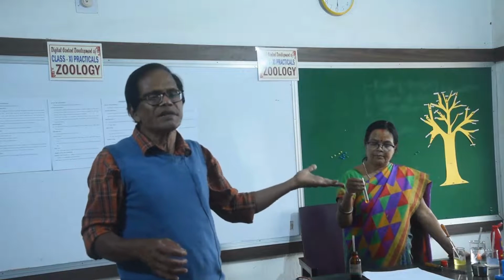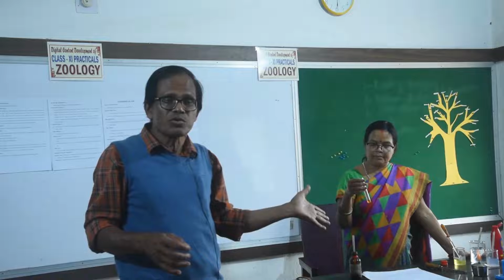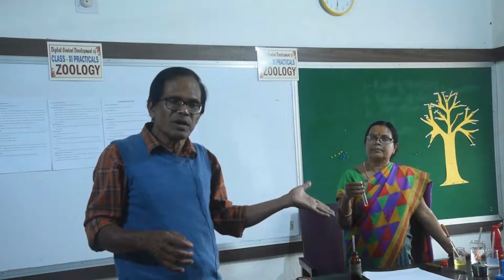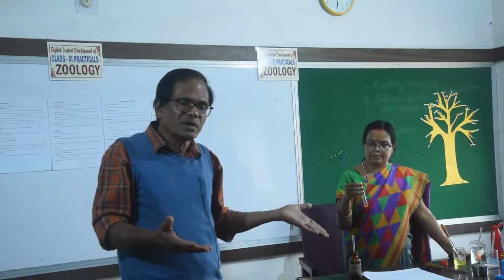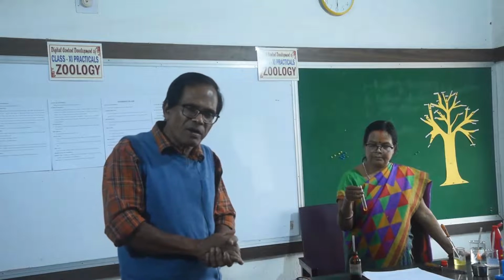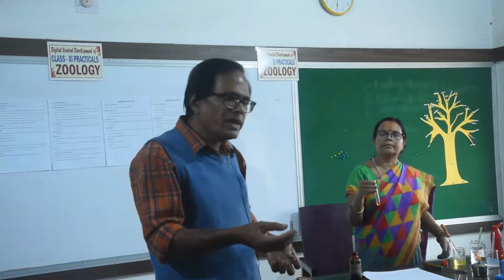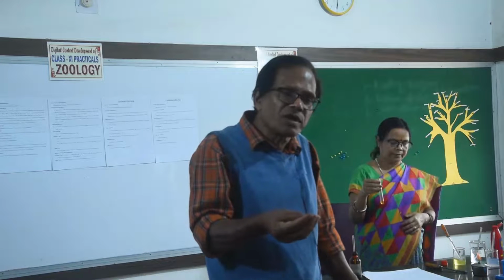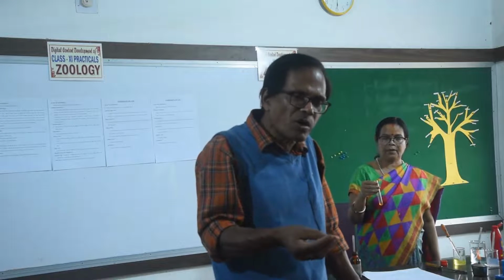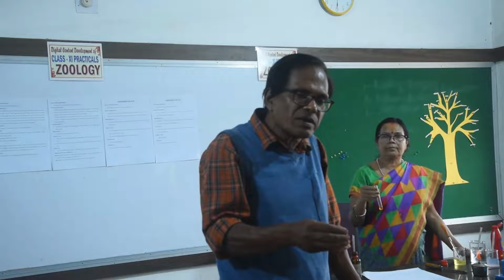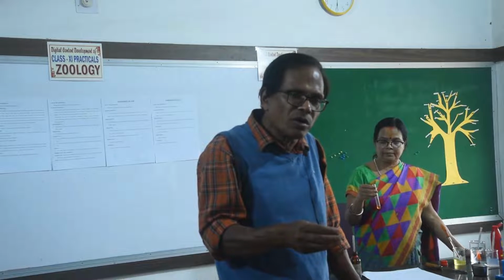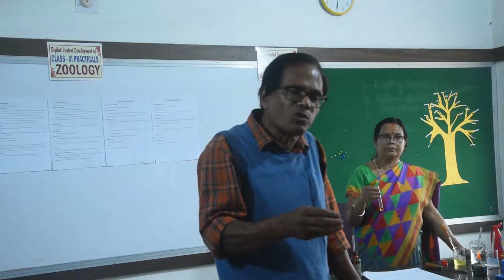If the Sudan 3 solution is used, it's better. How is a Sudan 3 solution prepared? You take the desired quantity of Sudan 3 stain powder, then mix it in a fixed quantity of absolute alcohol.